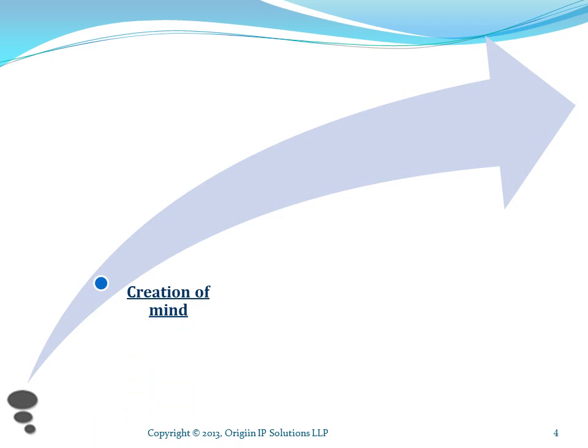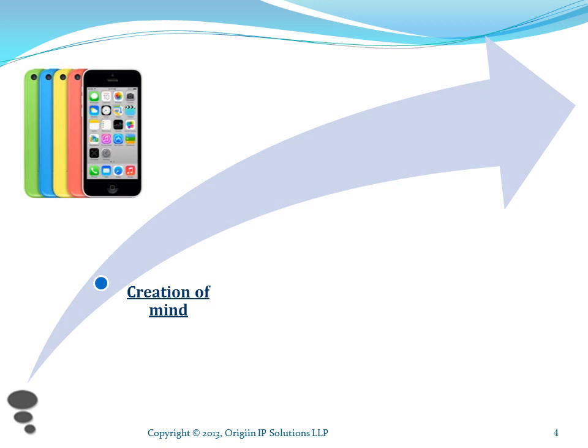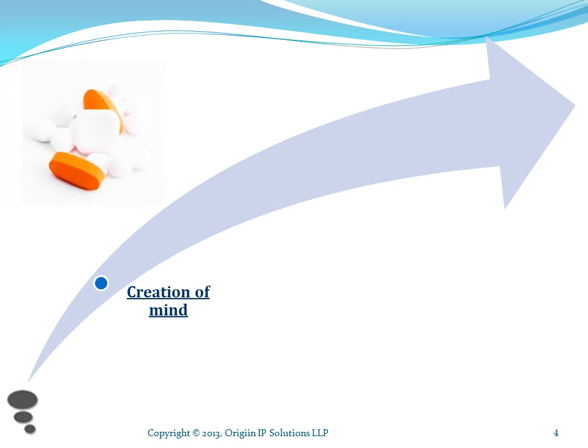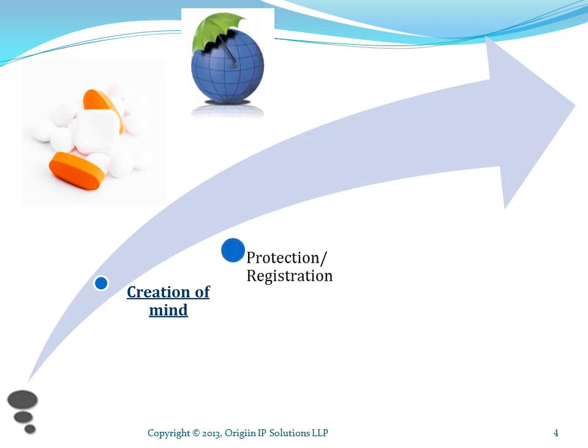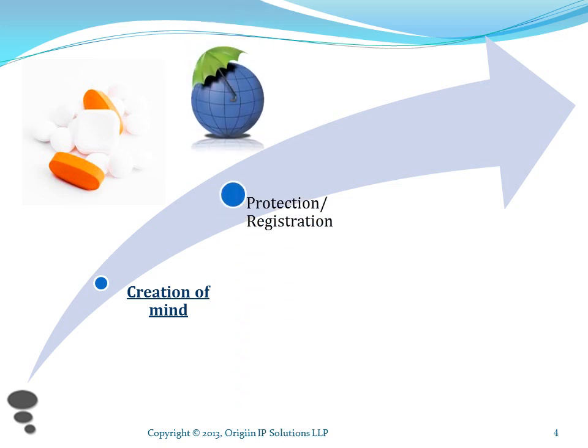In our day-to-day life, we come across various forms of IP, such as movies, songs, electronic devices, drugs, etc. One acquires legal right over IP once such IP is registered. This means that in order to protect IP, registration under the appropriate legal regime is essential.